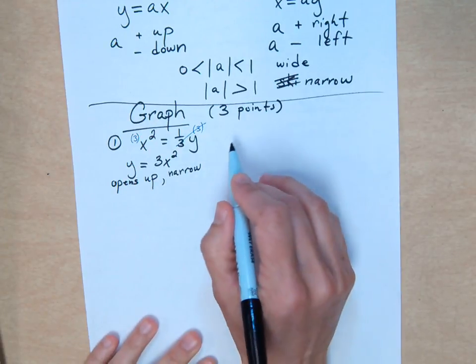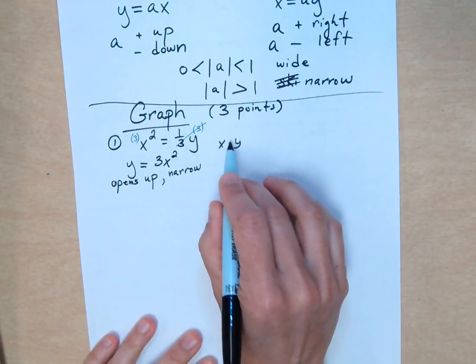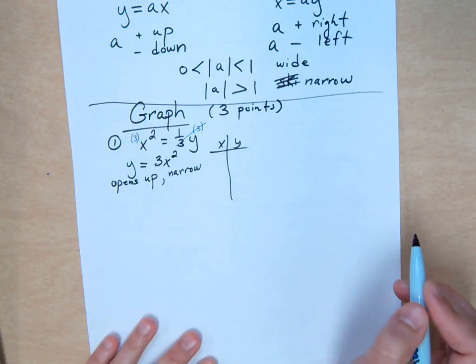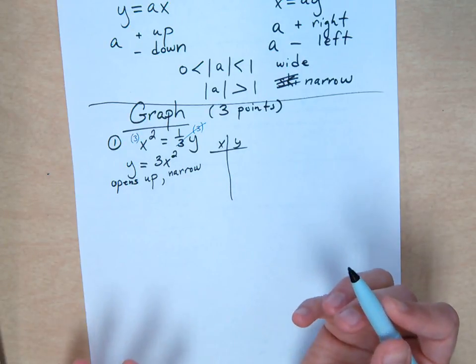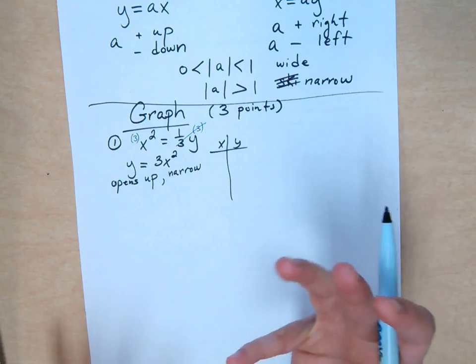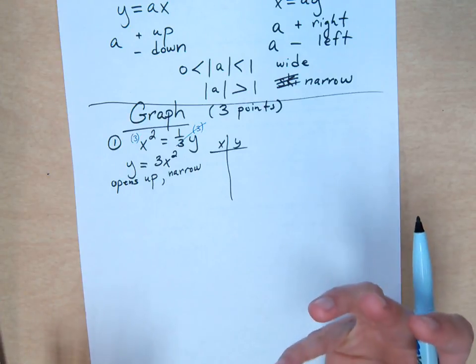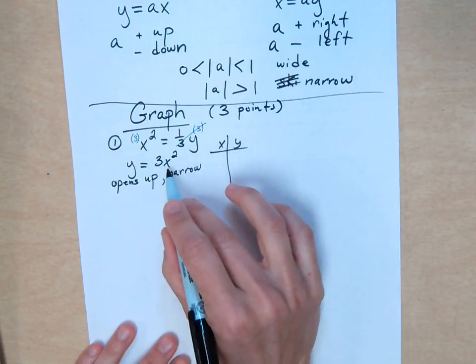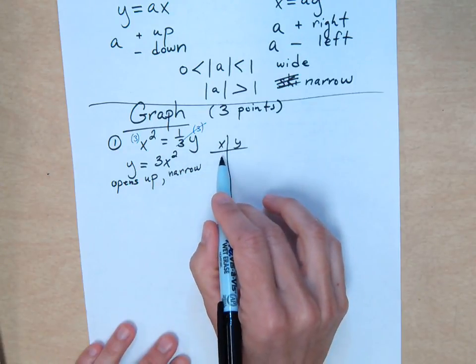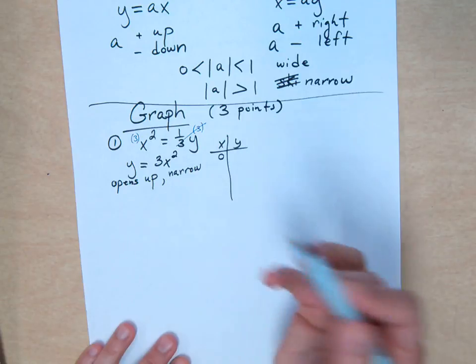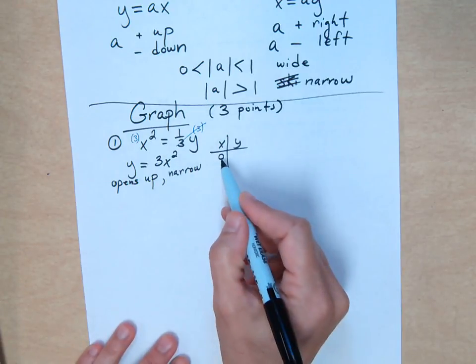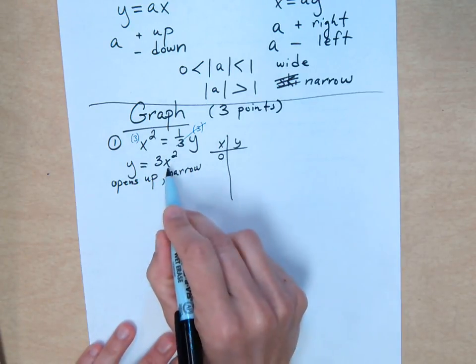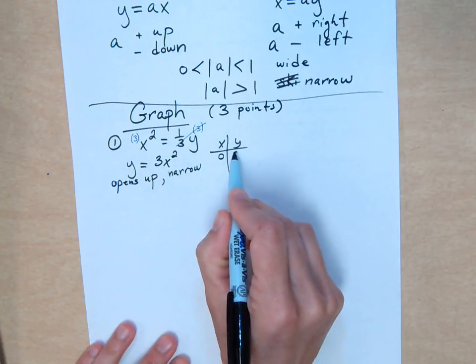And so then we just make a little table. This is a rule of thumb, if you remember anything big picture: whenever you don't know what a graph looks like, make a table. What's really easy to plug in for x? 0, because 0 squared times 3 is 0, so 0, 0.